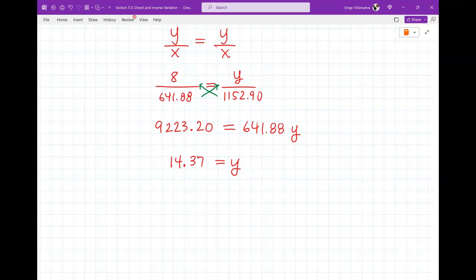Because if you stop at 14, that 0.37 of the money doesn't just go back to the company. No, they have to pay it out. So who gets it? It has to be another person, right? So there's going to be approximately 15 shampooers that are going to have to share this.